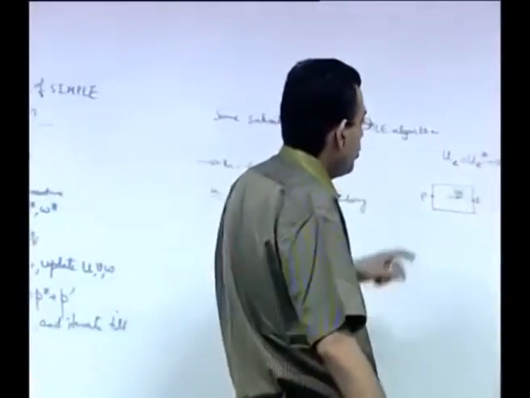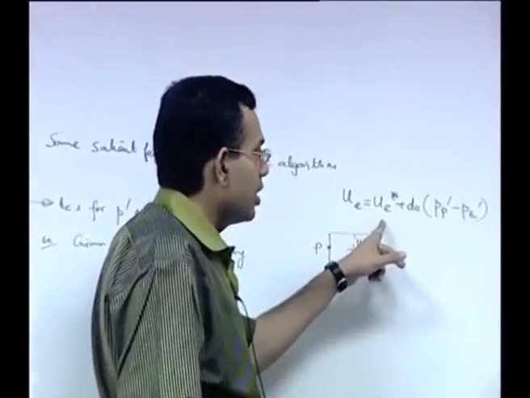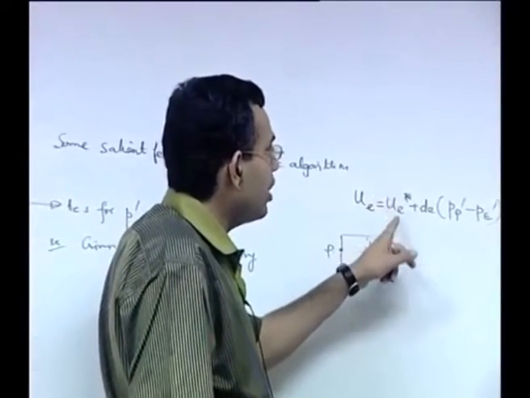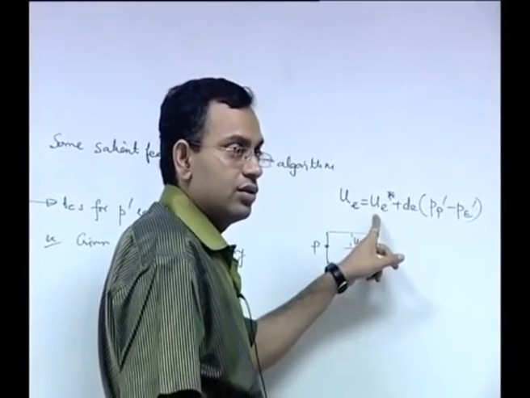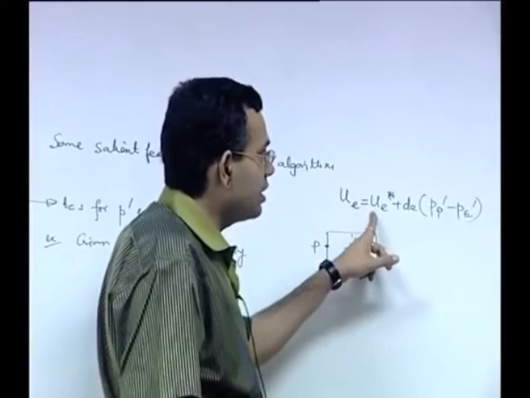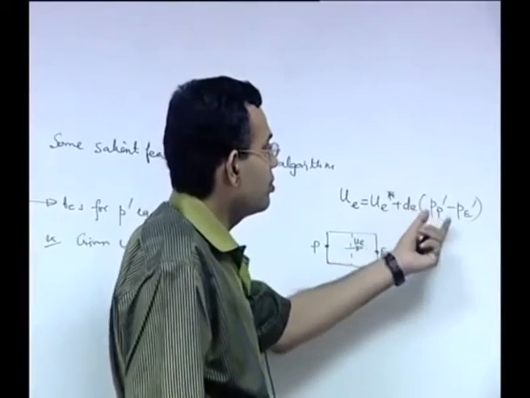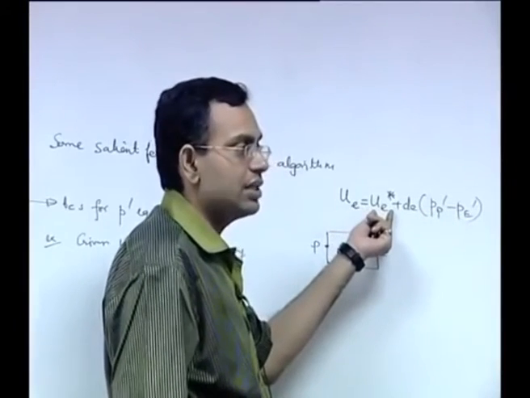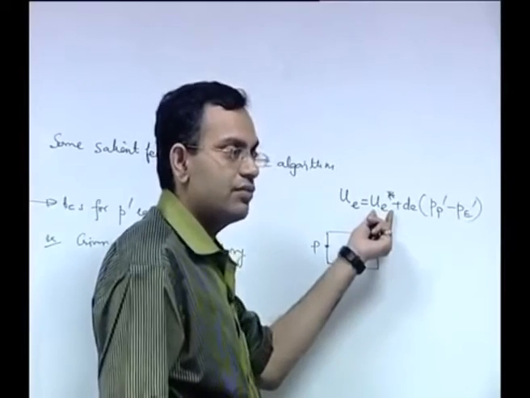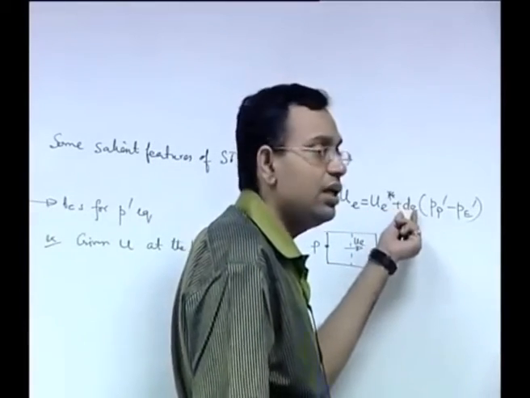See, when you have a given velocity at the boundary or wherever, then at that particular location you do not require any velocity correction, right. Since you do not require any velocity correction, but you may require pressure correction. So these terms may be there, but you want ue equal to ue star as an example. If you have a specified velocity at E, that means you must have dE equal to 0.